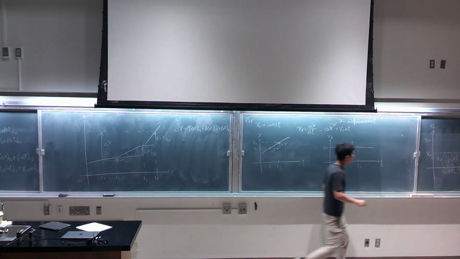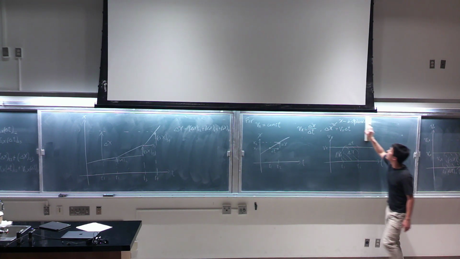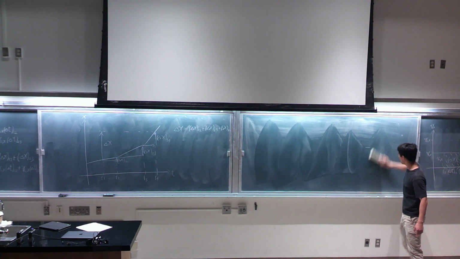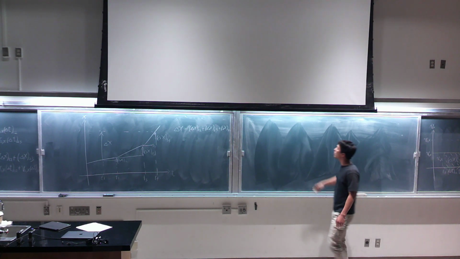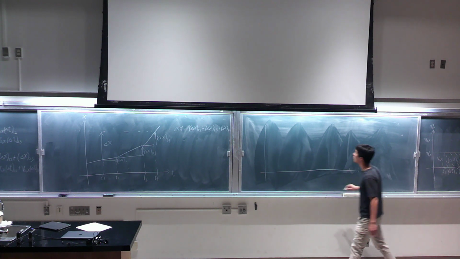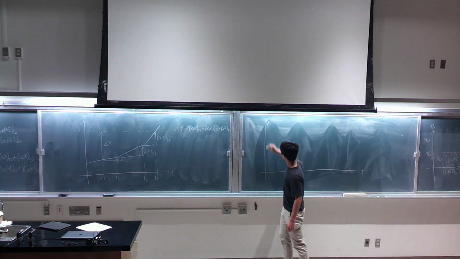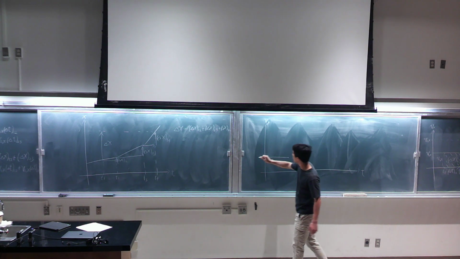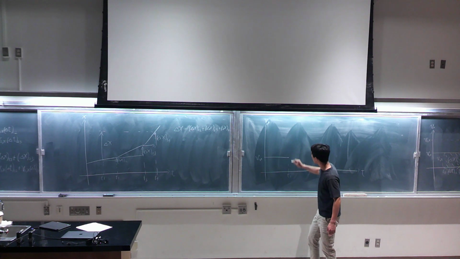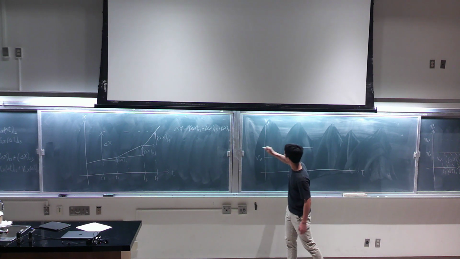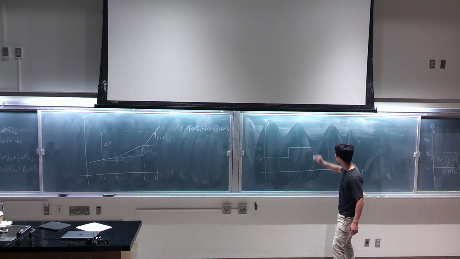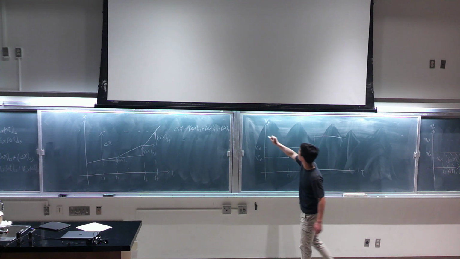Let me draw the velocity first. In this case, the velocity will be going from one value and jump to another value. And then at t3 jumps to one more value.